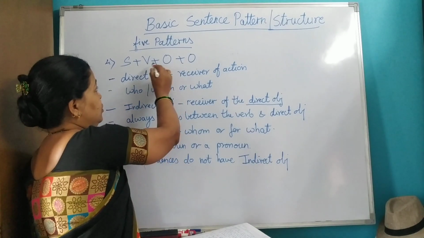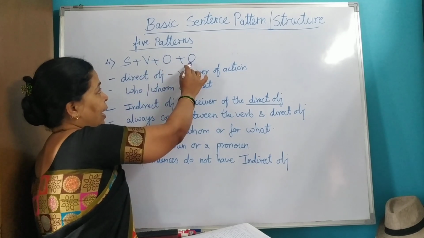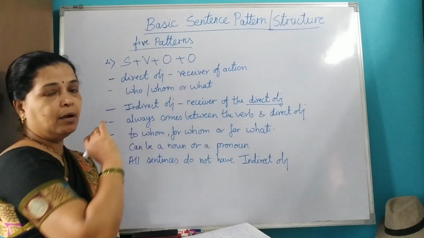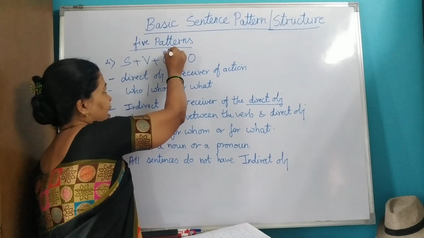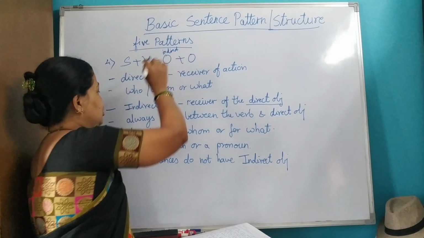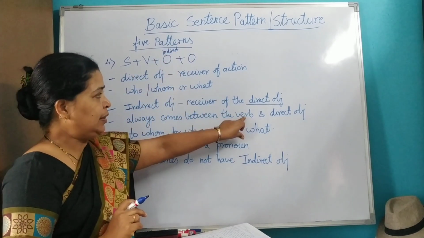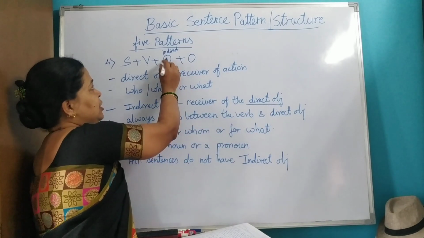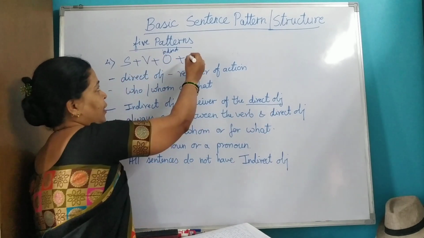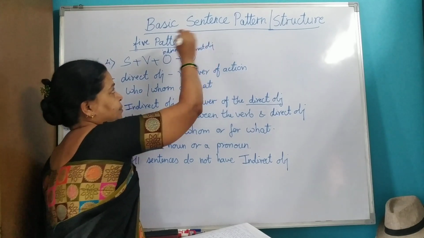So this one, which is between the verb and the object, in between, this is the indirect object. Okay. So indirect object always comes between the verb and direct object. So the first one is indirect object and the second one is direct object.